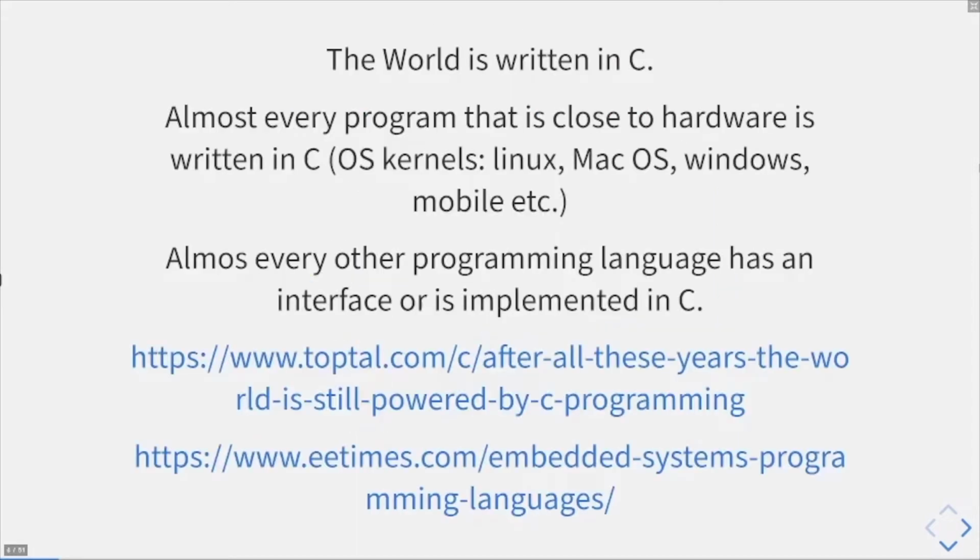All right. Anyway, the slide is a little bit overloaded, but the basic statement is that the world is running in C or on C. So if you look at most operating systems that you use on a daily basis, or the systems that you use, then most of them are actually written in C if you look a little bit closer. So if you use iOS, then the kernel is running in C. Linux, of course, is running on C. Windows is running on C, or your mobile operating systems.